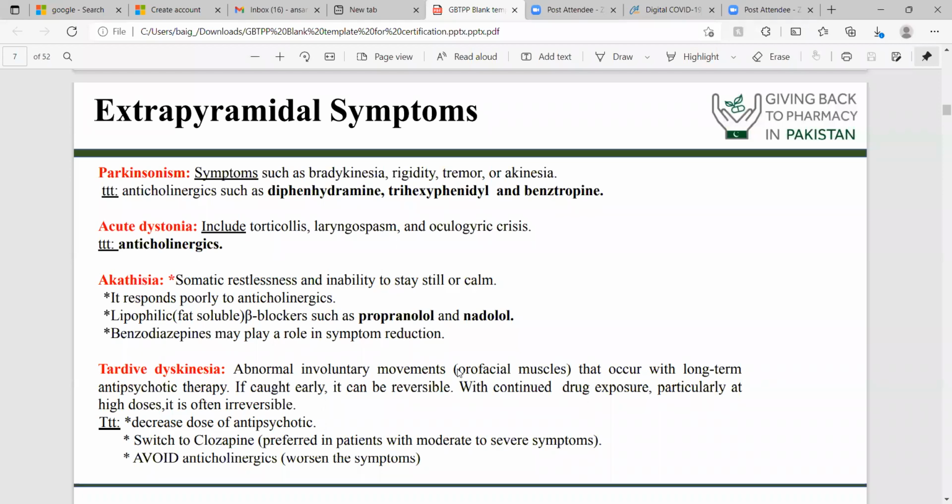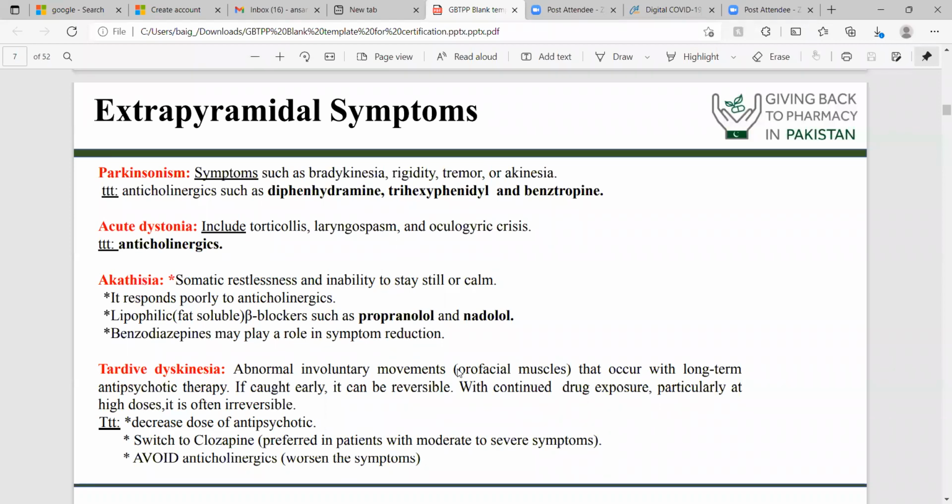If a patient is experiencing those side effects, we need to know how to treat them. For example, if a patient has akinesia, rigidity, or tremor, we normally treat with diphenhydramine, trihexyphenidyl, and benztropine. Those have very typical doses.